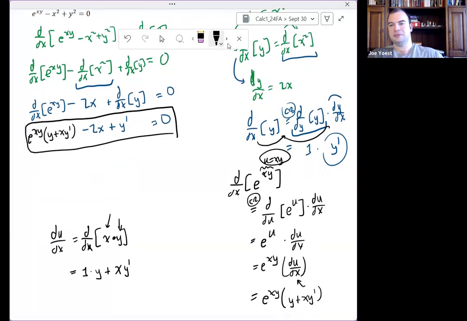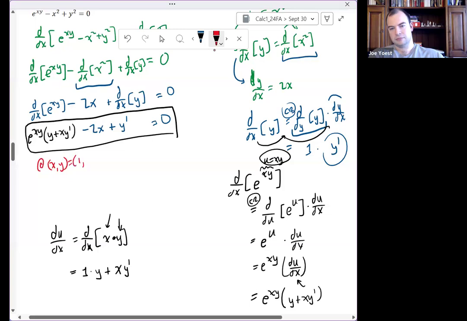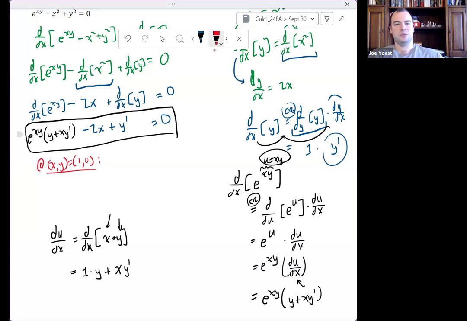I could absolutely do that. Let me do that here. So when x equals 1, y equals 0, I have what? e to the power 1 times 0, e to the 0 is 1, times y, 0, plus xy prime, y prime plus 1 y prime, minus 2x, it's just minus 2, plus y prime equals 0.